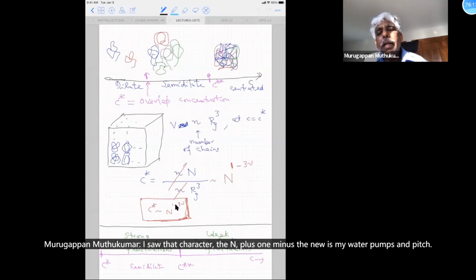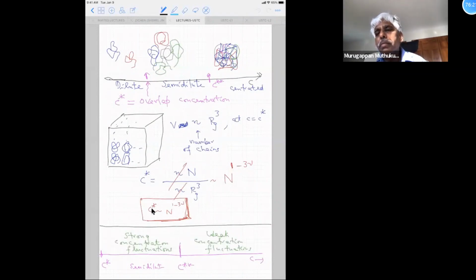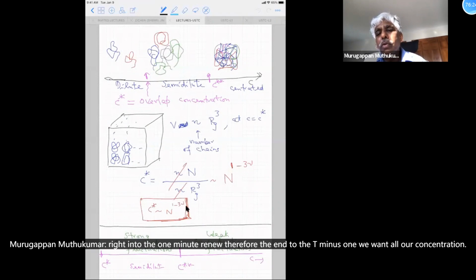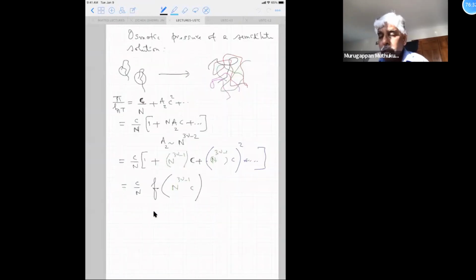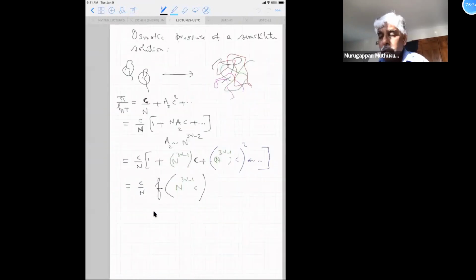I saw that character, N to the power 1 minus 3 nu, is my overlap concentration, right? N to the 1 minus 3 nu. Therefore, N to the 3 nu minus 1 will be 1 over the overlap concentration. So I go back here, N to the 3 nu minus 1.